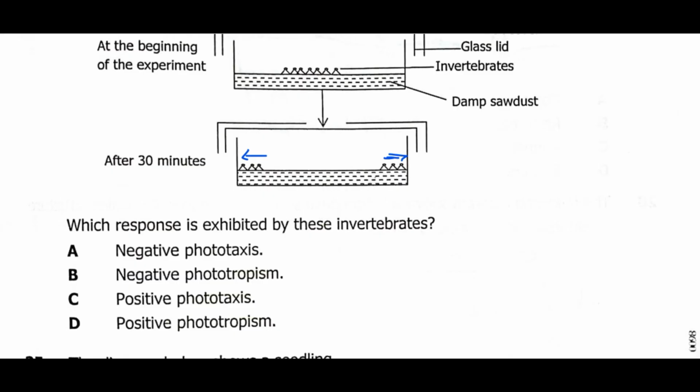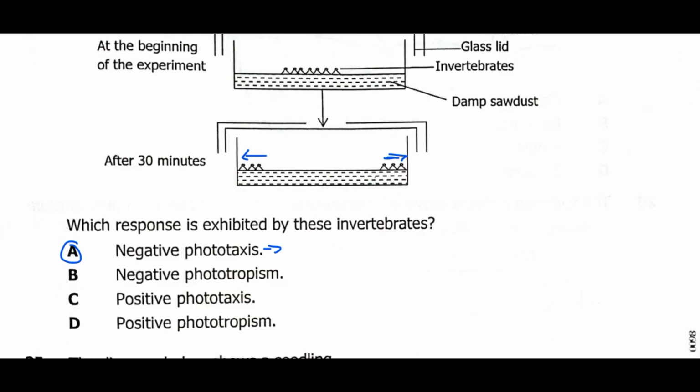So the stimulus is light. Now since they are moving away from light, this will be negative. So we are going to have negative phototaxis. Why do we say phototaxis? Because there is a movement of the whole body from one position to another. Phototropism has to do with a plant where it only bends.